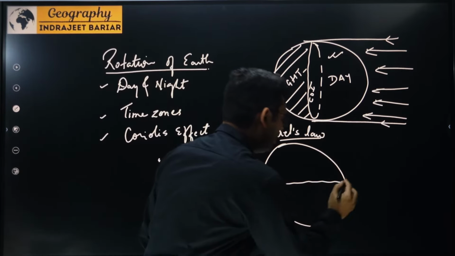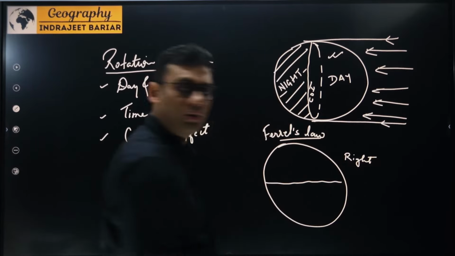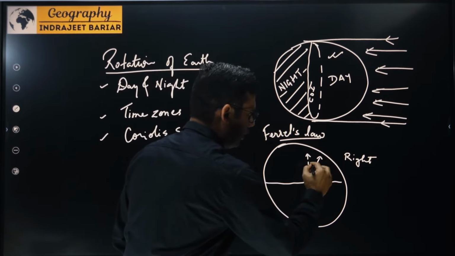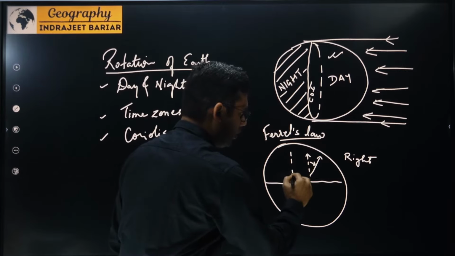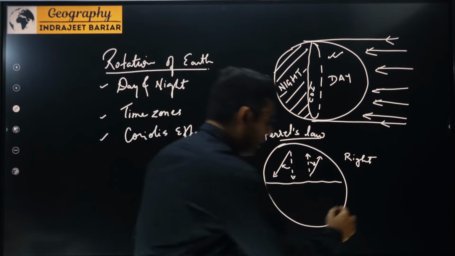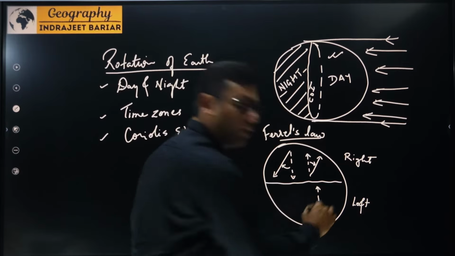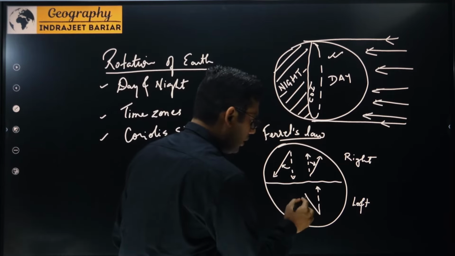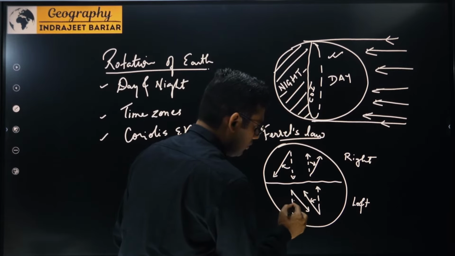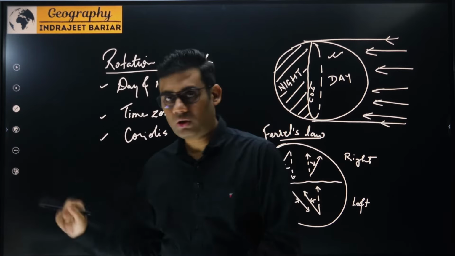It says that in the northern hemisphere, the movement is towards the right, which means if a body is moving in this direction, it would be deflected towards the right, or if it is moving in this direction, it would be deflected in this direction. And likewise in the southern hemisphere, there is leftward deflection, which would mean a body moving in this direction would be deflected along this side, or a body moving in this direction would be deflected along this side. This is Ferrell's law governing the Coriolis deflections.